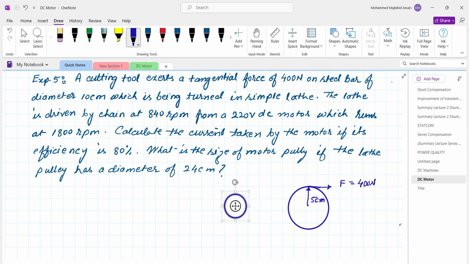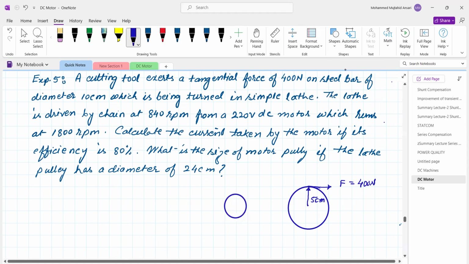It is connected with the chain, and it is running at 840 rpm, means the speed of the lathe is now 840 rpm, whereas the motor which is connected over here is running at the speed of 1800 rpm.